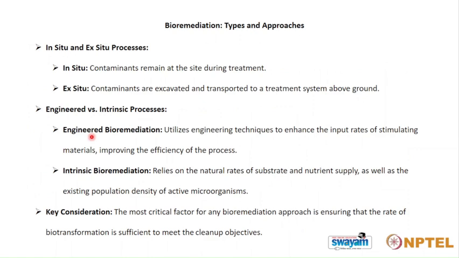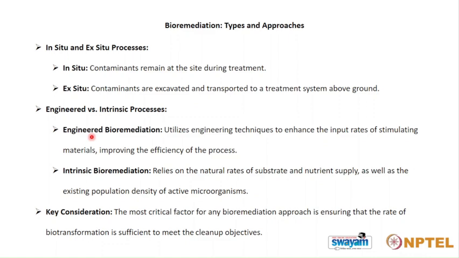The bioremediation processes can be classified based on the site of remediation, as in situ and ex situ remediation. In in situ remediation, the treatment happens at the site of contamination itself, whereas in ex situ remediation, the contaminants are transferred from the contaminated site to a treatment site. And again, bioremediation can be classified as engineered and intrinsic processes.